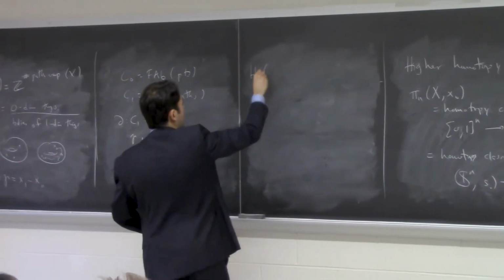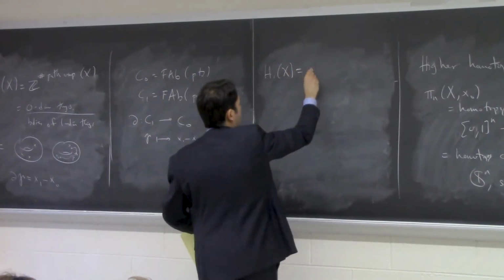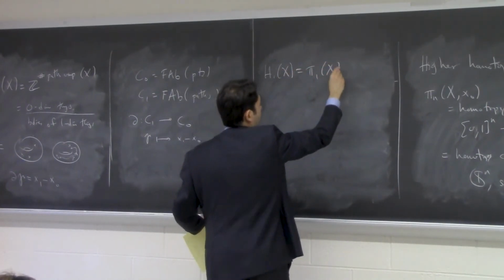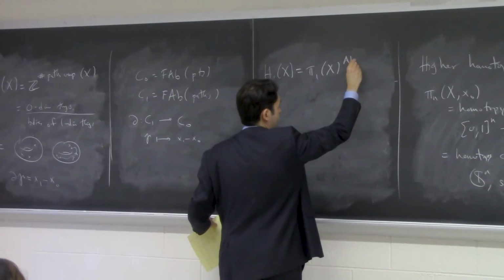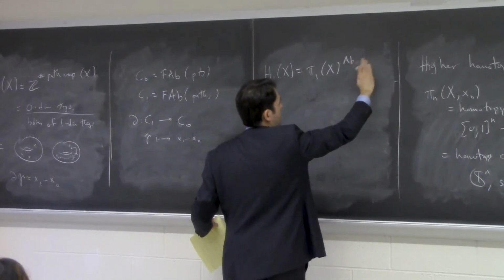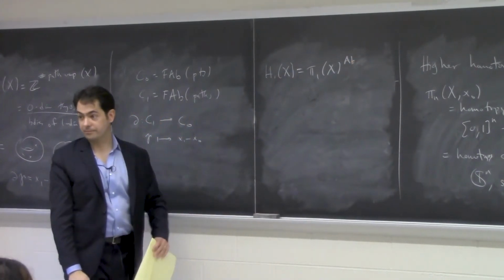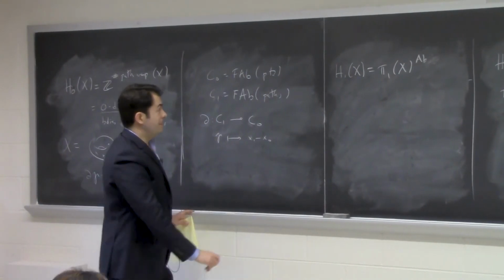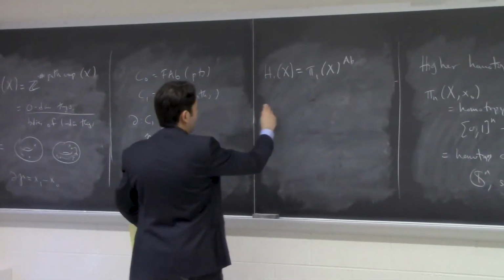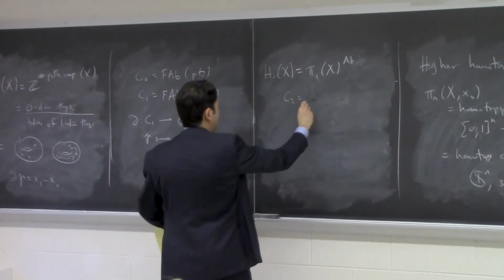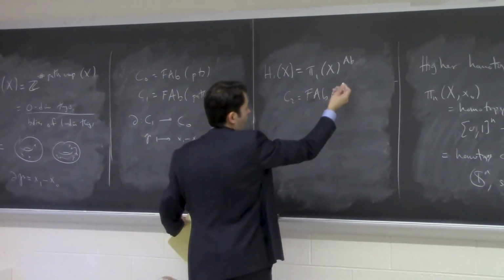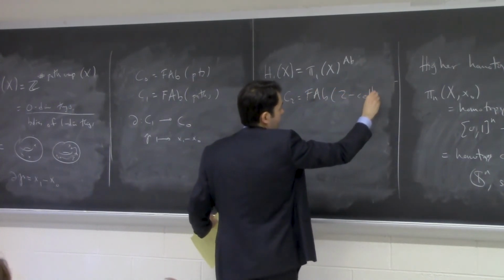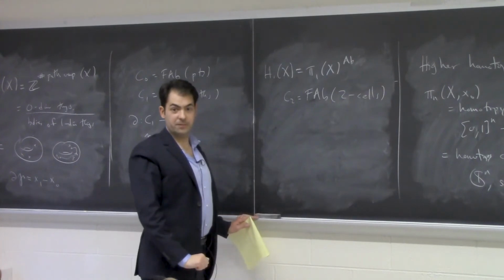Okay, well, what's H1? H1 is going to be just pi1 of X abelianized. Well, I'll just leave it as AB. All right. So C2 would be like the free abelian group on, well, let's say 2-cells if we're in a cellular complex.